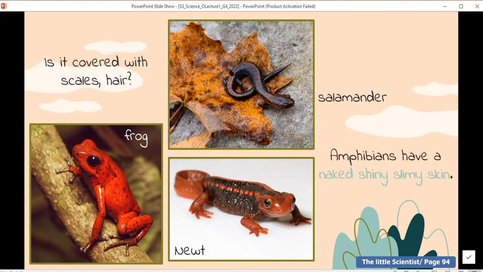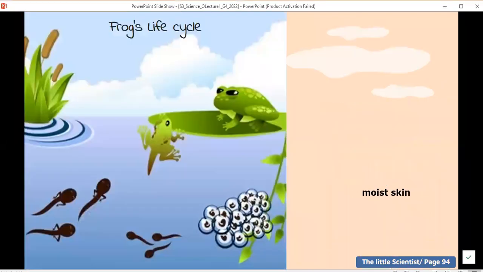Their skin is shiny, slimy, slippery, moist skin. So we say that amphibians have a moist skin. Amphibians do not have scales, hair, fur, or feathers, but they have a moist, slimy skin.